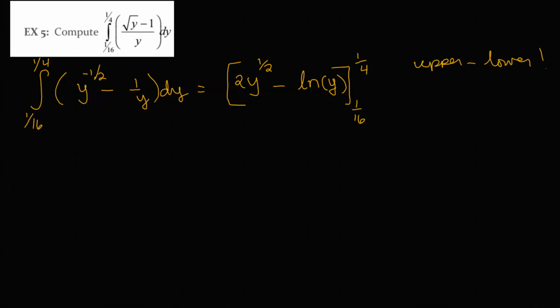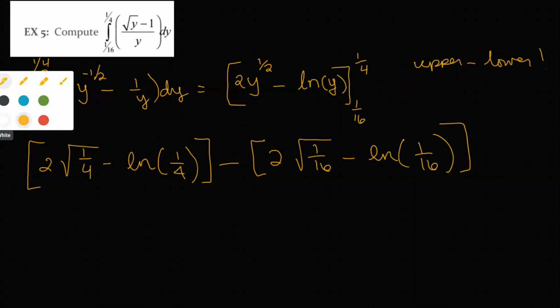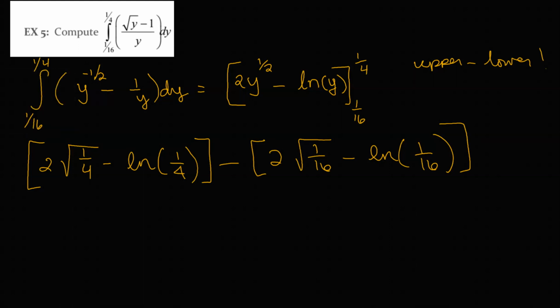So that would be 2 times y to the 1/2, which is the square root of 1/4, minus ln of 1/4, minus 2 times the square root of 1/16 minus ln of 1/16. The square root of 1/4 is 1/2, and 1/2 times 2 is 1.